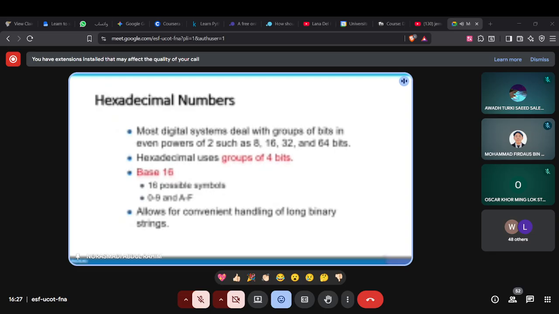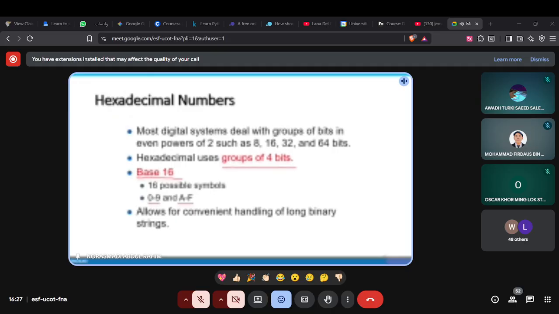Hexadecimal uses a group of 4 bits. You need to remember this: group of 4 bits, hexadecimal, base 16, 16 possible symbols. Meaning symbols from 0 to 9 and A to F.